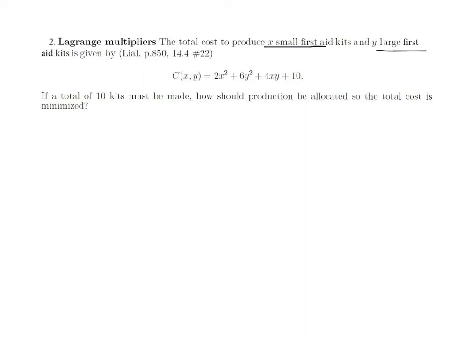So we're comfortable with that. Now we've added this other layer, that this business has a constraint that we need to consider. And here, if we look at this next line, it says if a total of 10 kits must be made, that is your business constraint. So if 10 kits must be made, how should production be allocated so that the total cost is minimized?